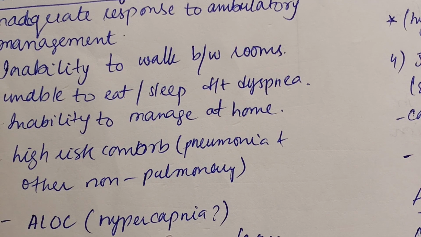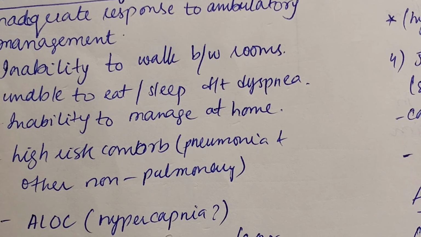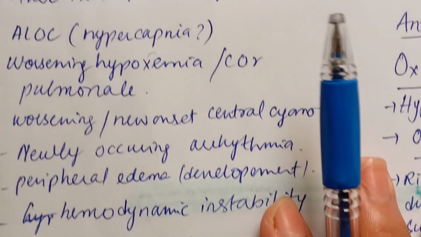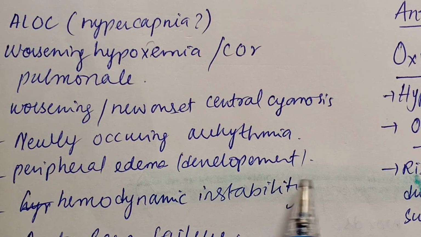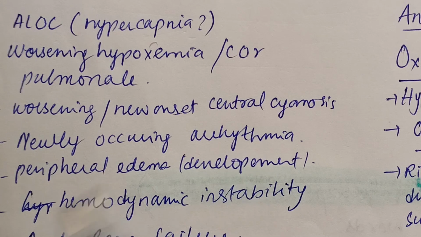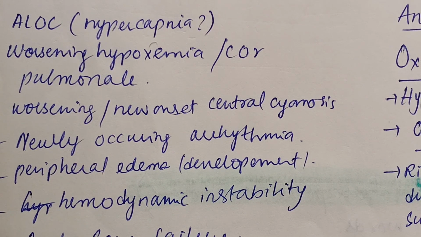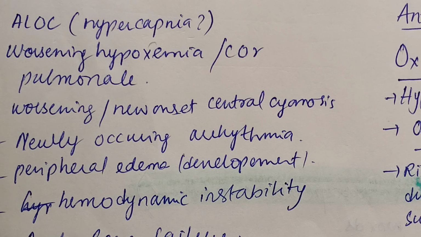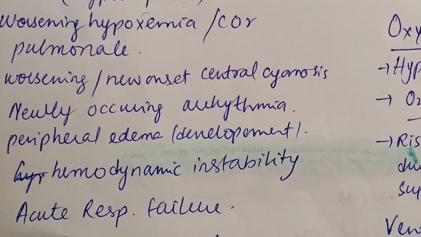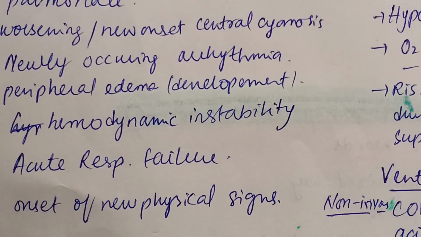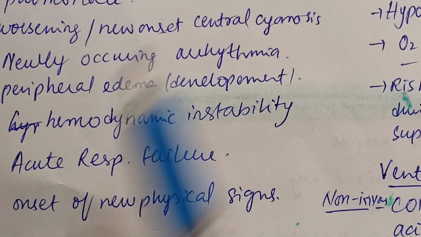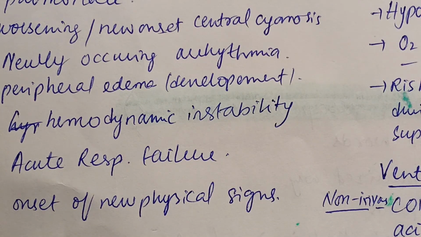The patient is having worsening hypoxemia or cor pulmonale, worsening or new onset of central cyanosis that is pointing towards hypoxemia, newly occurring arrhythmia, and development of peripheral edema, that is, the patient is starting to develop right heart failure signs. Also hemodynamic instability, acute respiratory failure, and any onset of new physical signs. So these are the indications for hospitalization.